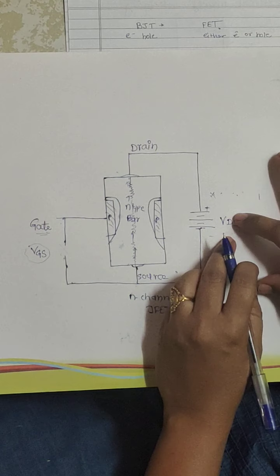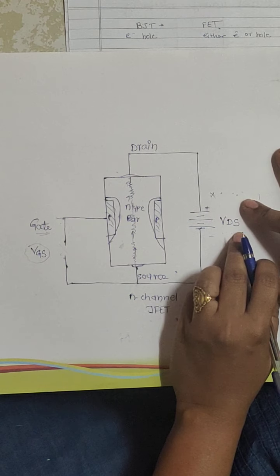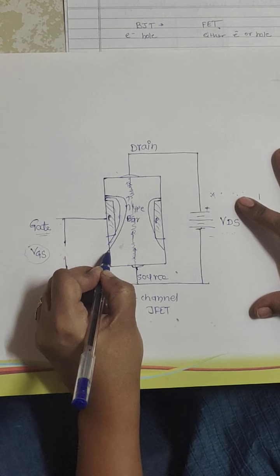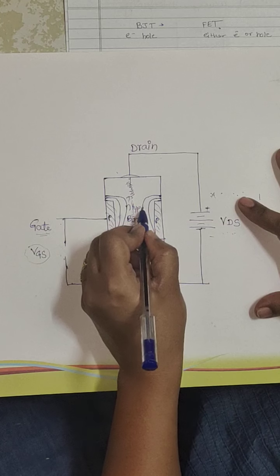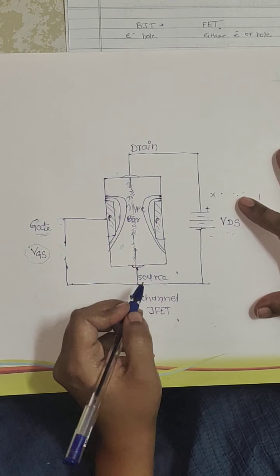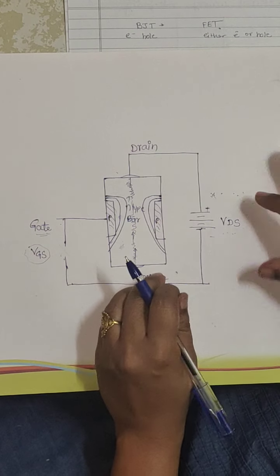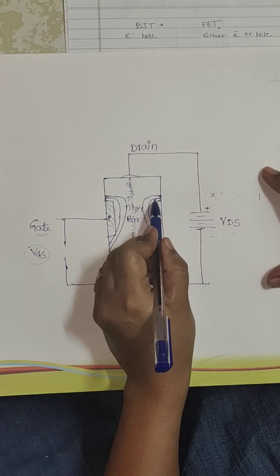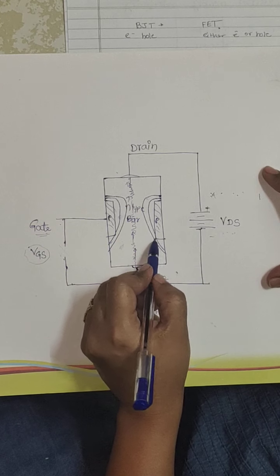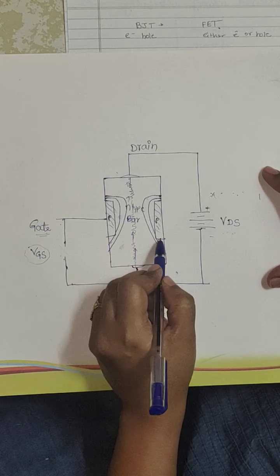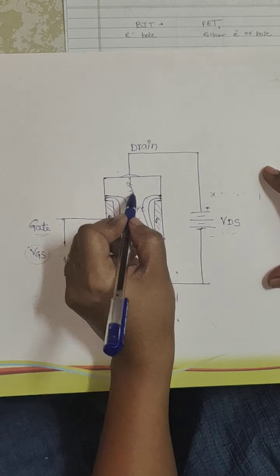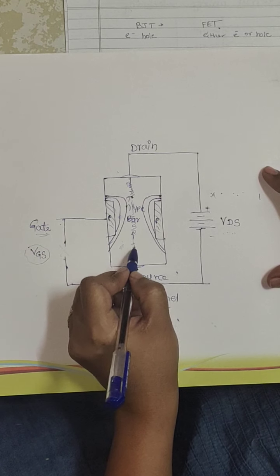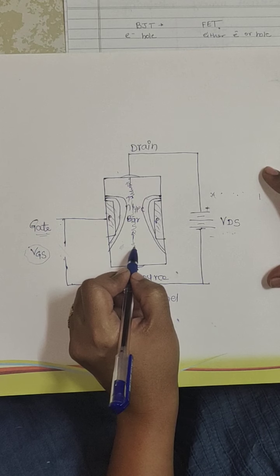As we increase the voltage VDS, this depletion region goes on increasing. Why is the depletion region wide near this region and narrow near this region? Because the voltage generated at this point is more as compared to the voltage generated at this point.